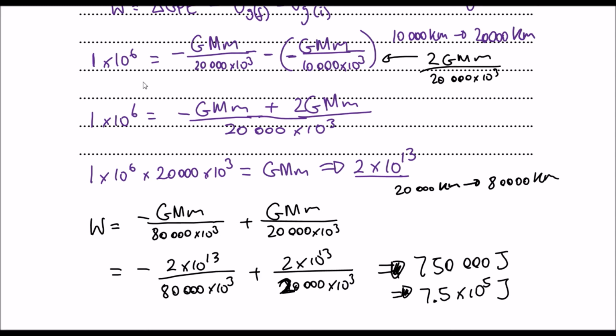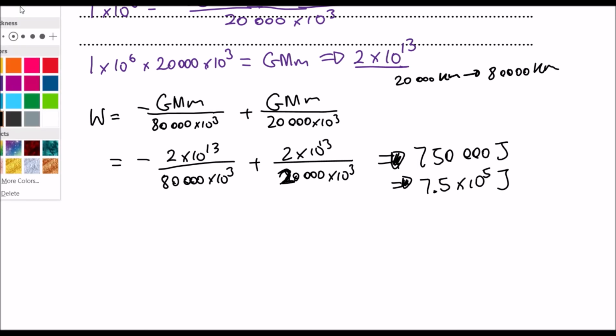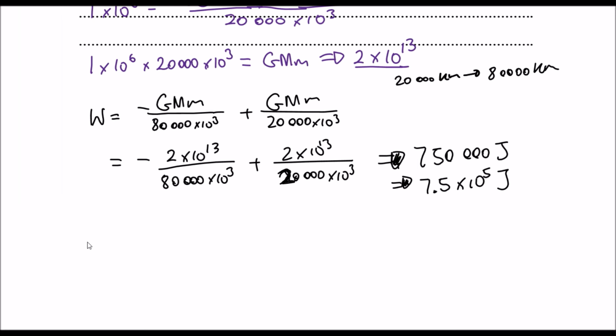Just before we finish off this video, I want to show you another way you can do this, and that's by using ratios. We know the formula for gravitational potential is GM over r.